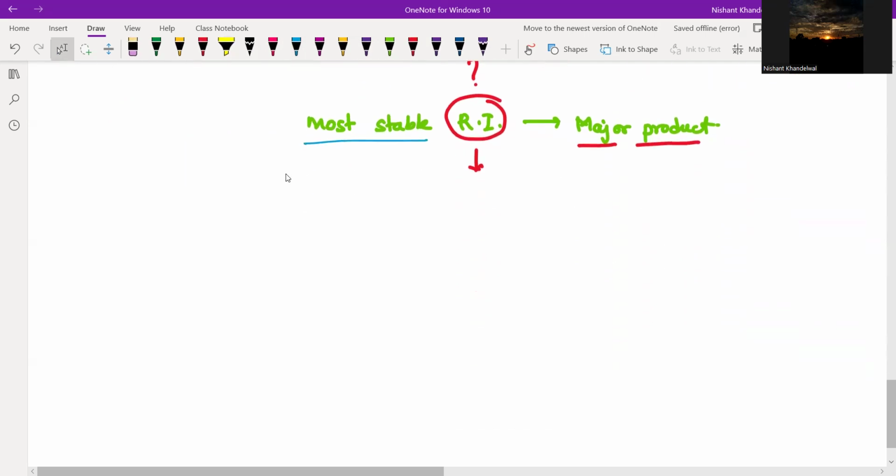And suppose they ask one more question like this, with Br, A, B, C, asking which one will give SN1 faster. So take a pause and think and then tell.